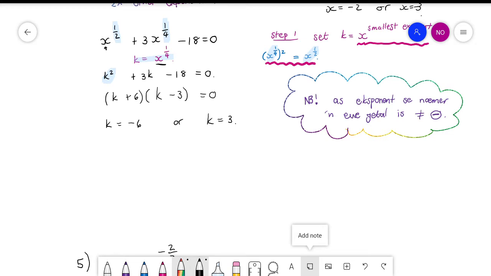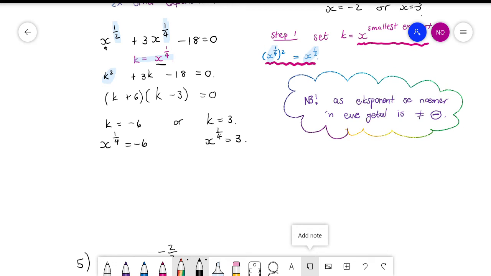Okay, so remember, this question said solve for x. So now I am at k is equal to -6 or k is equal to a third. I'm not solving for k, I want to solve for x. So I'm going to say, okay, but we set k equal to x to the power of a quarter. So I'm going to substitute that back.